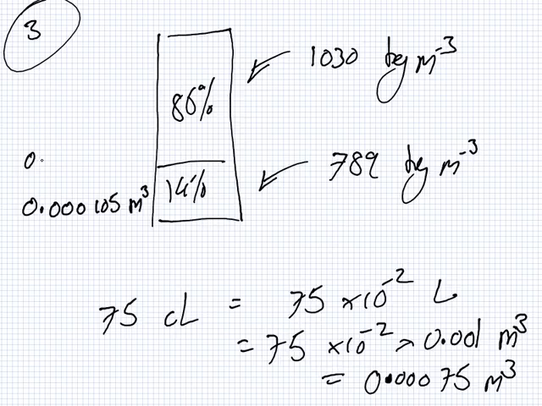Yeah. That's kind of all I need to know, because what was I looking for in the question? The mass. So, what's the formula for mass? Density by volume. Yeah, so it's going to be density of the first one, volume of the first one, plus density of the second one, volume of the second one. It's like two mixed together.